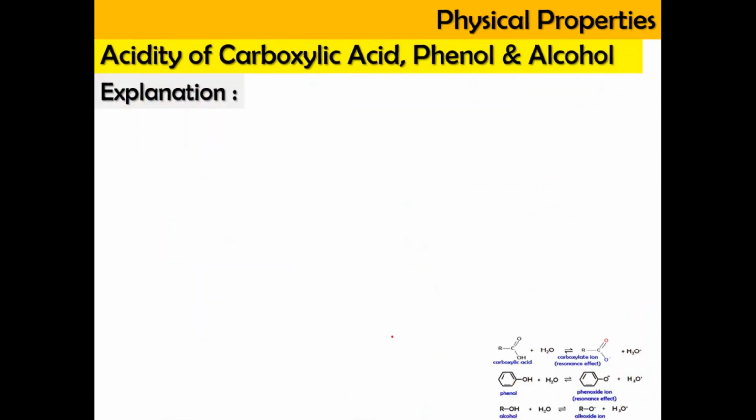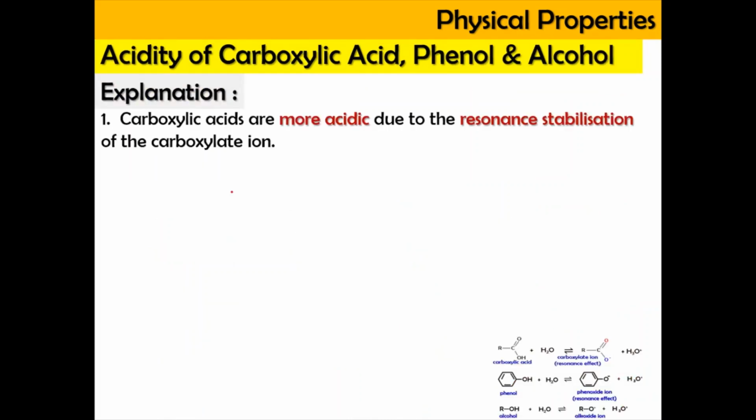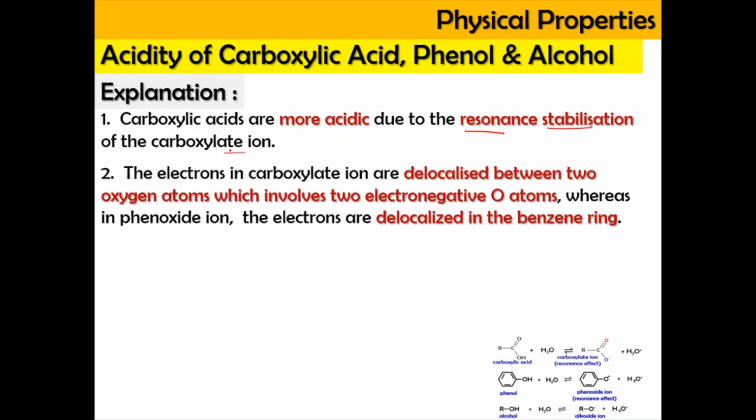So for the explanation, we can say that carboxylic acids are more acidic due to the resonance stabilization of the carboxylate ion. The electrons in the carboxylate ion are delocalized between the two oxygen atoms, which are two electronegative oxygen atoms, whereas in the phenoxide ion, the electrons are delocalized in the benzene ring. That's what you have seen in the chapter on hydroxy compounds.